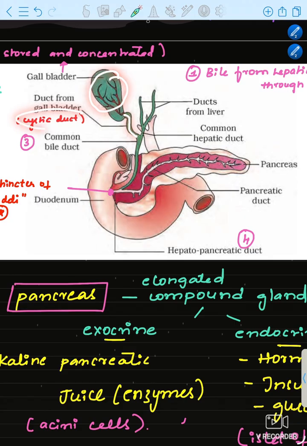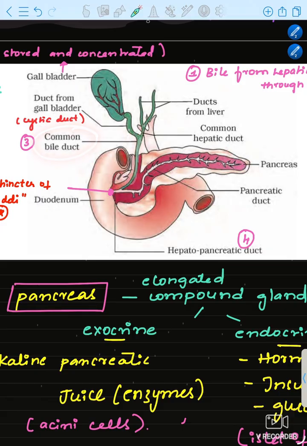This is cystic duct. Through cystic duct, the bile will enter here, and from the ducts of the liver, that is hepatic ducts, right hepatic duct and left hepatic duct form the common hepatic duct. Common hepatic duct and cystic duct from the gallbladder form, both contain bile only, the common bile duct.